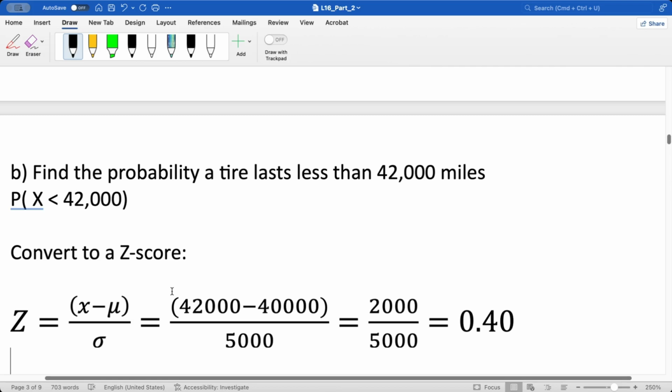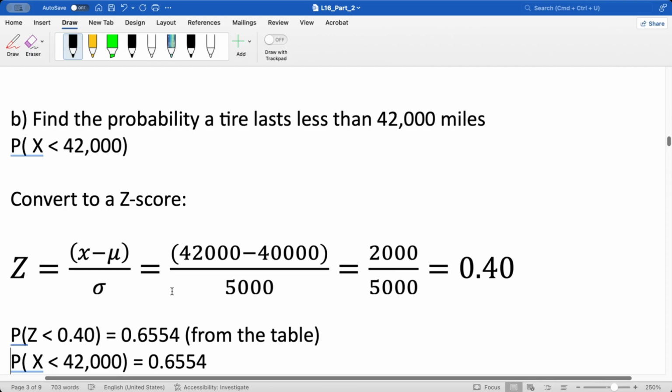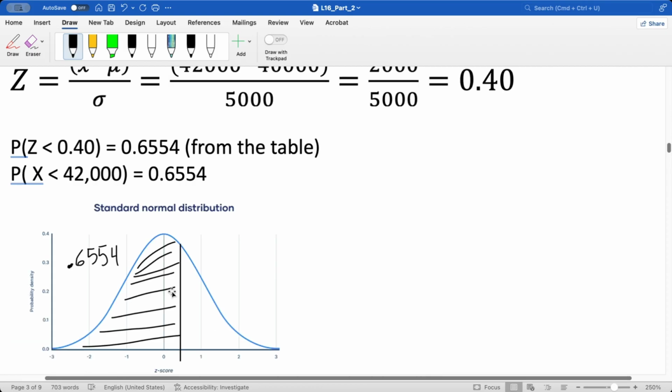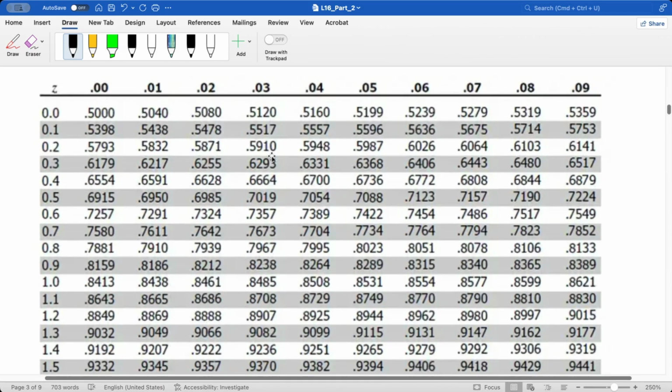That's 2,000 over 5,000, which is 0.40. We're going to get this directly from the table. Directly from the table, we're going to look up 0.40, and we're going to use that table value. So looking up 0.40, again, it's the row 0.4, the first column, and that's 0.6554. Again, we're using the 0.4 row and the 00 column there.